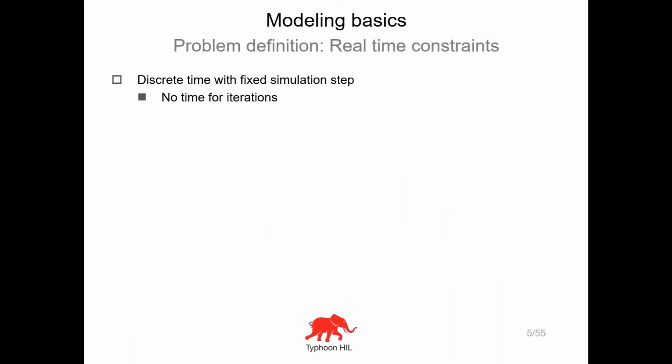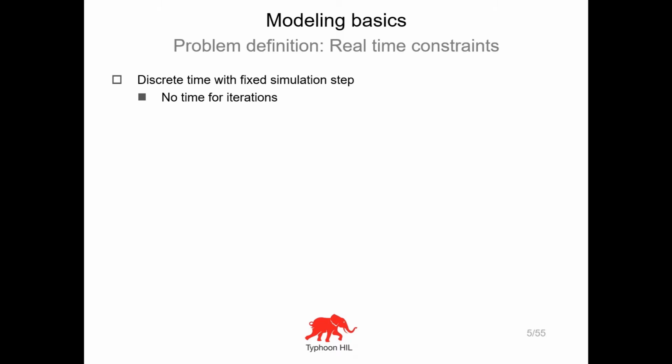Simulation of power electronics in microgrid plants is clearly not a trivial problem, especially if we consider the constraints of real-time simulations. There are three main points to the constraints of real-time simulation. The first is that our models have to run with a discrete and fixed time step.